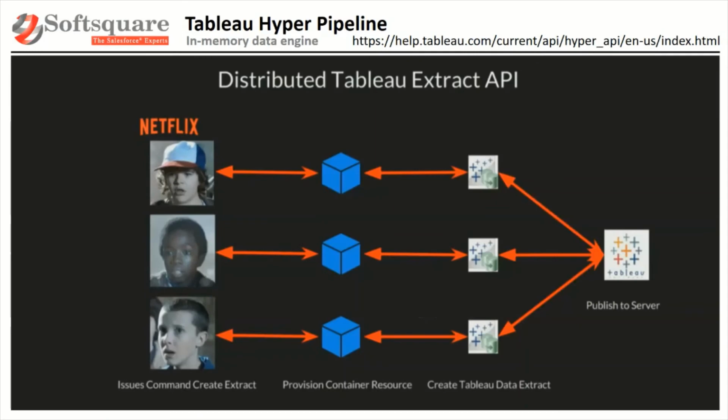So here's another example, and this is one of the classic examples. What brought Tableau and Data Prep and Hyper into the limelight was the idea of taking 60 terabytes of Netflix data, running it into a container, and then each container has your Tableau Hyper API code that runs in memory, creates these separate extract files, and then using the Data Prep, which is a low-code solution, to aggregate these Hyper queries and publish it into a Tableau server.